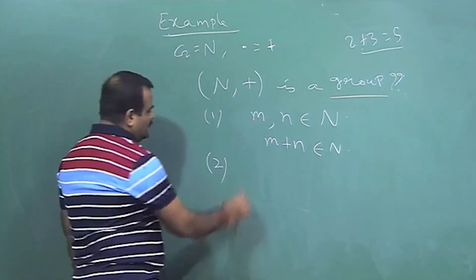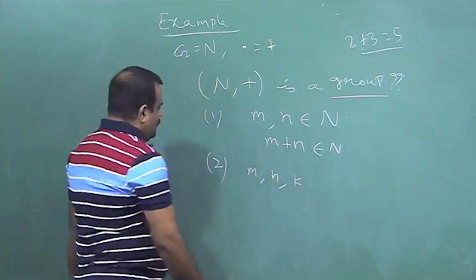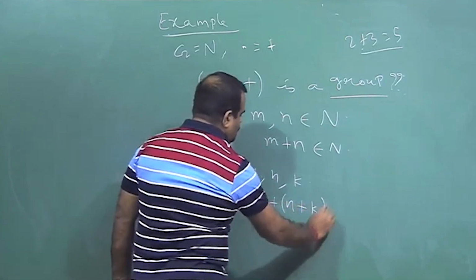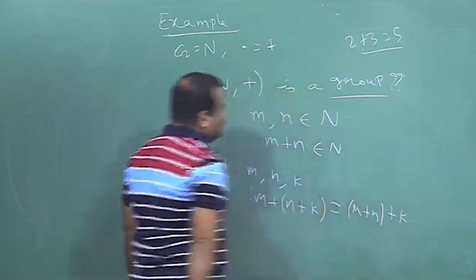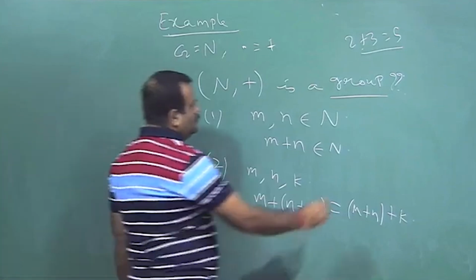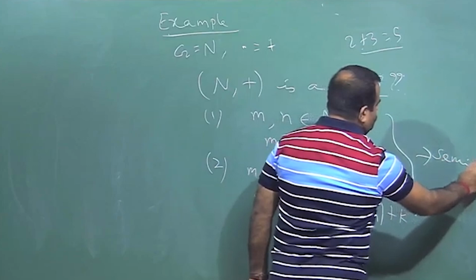So, if you take 3 natural numbers m, n and k, then this is also true, m plus n plus k is equal to m plus n plus k. So, associativity is also satisfied. So, it is a semigroup. So, these two tell us it is a semigroup.